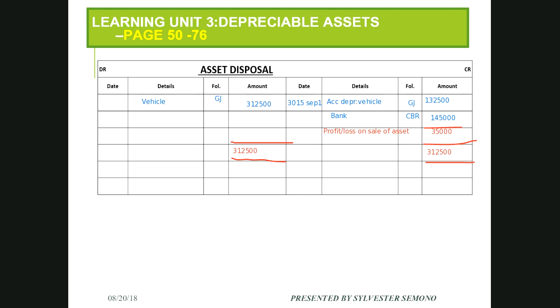Which journal do we normally use for this? The folio. Which journal must I use? The GJ. Please. GJ, thank you very much. Are we together?